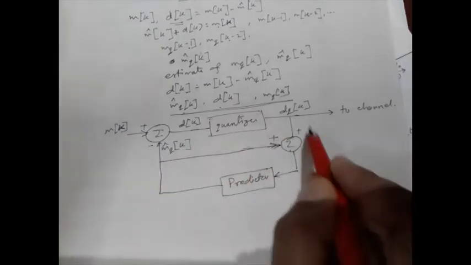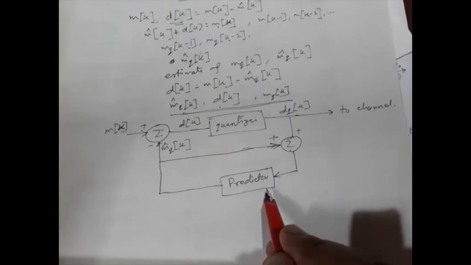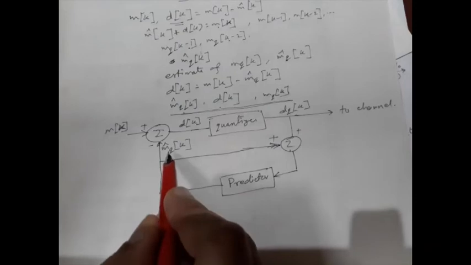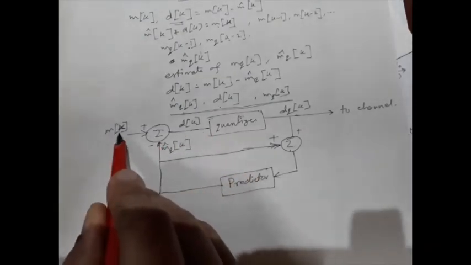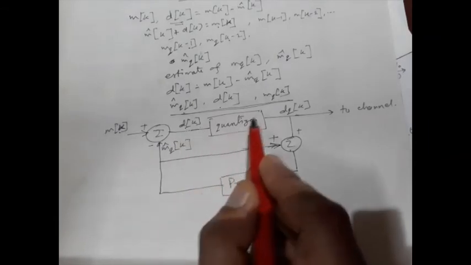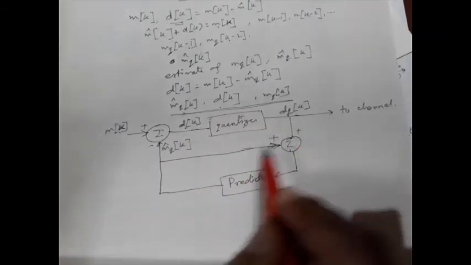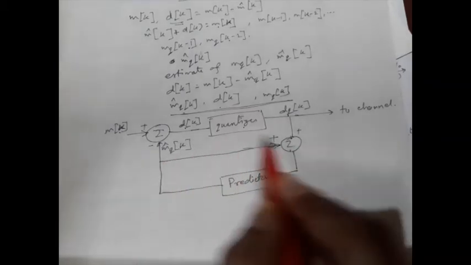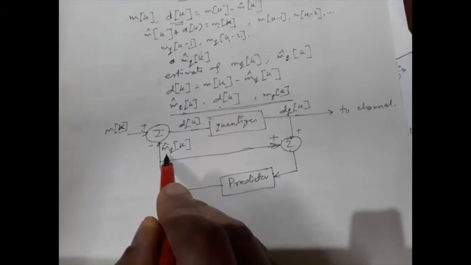So this should be the transmitter circuit. The output of the predictor is MQ cap K. Subtracting from MK, we are getting D, that is quantized to produce DQ, and that DQ is now added with MQ cap K and given to the predictor to produce this value.